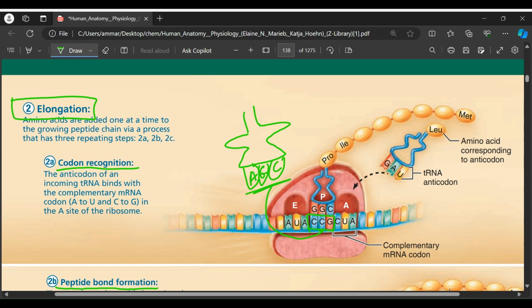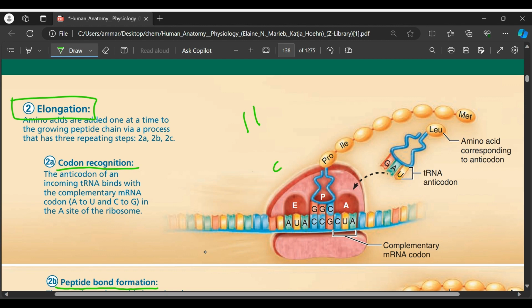But of course, it's chemistry. But here, I'm not explaining that. I'm just going to say that GGC is the complementary letters of the CCG. So C should have G in front, C should have G in front, and G should have C in front. But AGC is not complementary, so it will not go here.